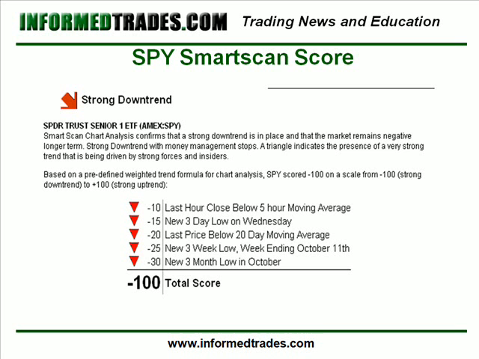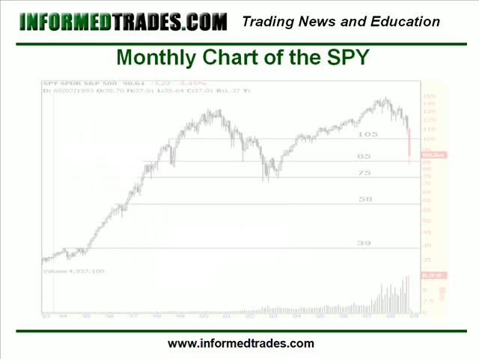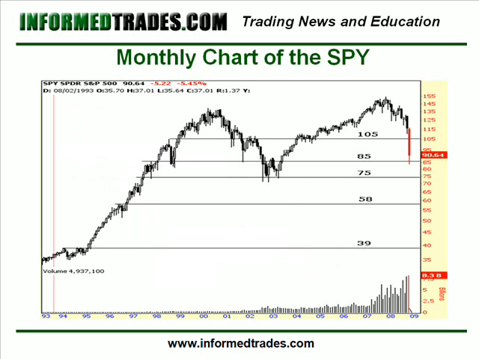analysis tells me. The first step I'm going to take here is to take a look at the monthly chart, which, since there has been such a large move lower in the SPY, is going to take on increased significance from a support-resistance standpoint. As you can see from this chart, I have outlined several levels of support and resistance on the chart, the closest of which from a support standpoint are 85 and 75.